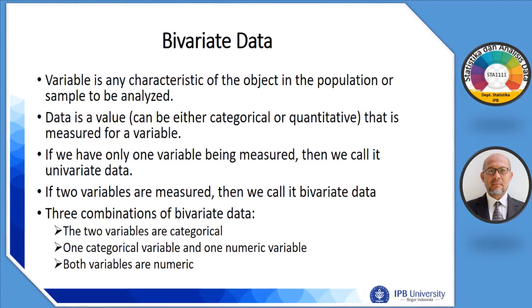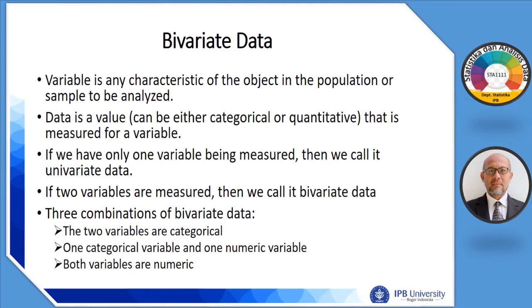And as we discussed in earlier lectures, data is a value, can be either categorical or quantitative, that is measured for a variable. I hope that you still remember what we have discussed earlier many times. If we have only one variable being measured, then we call it univariate data. And if two variables are measured, then we call it bivariate data.